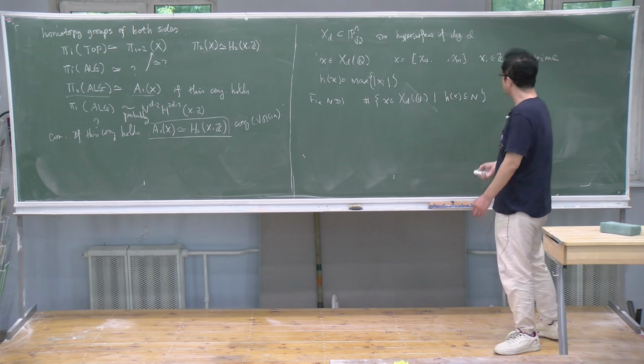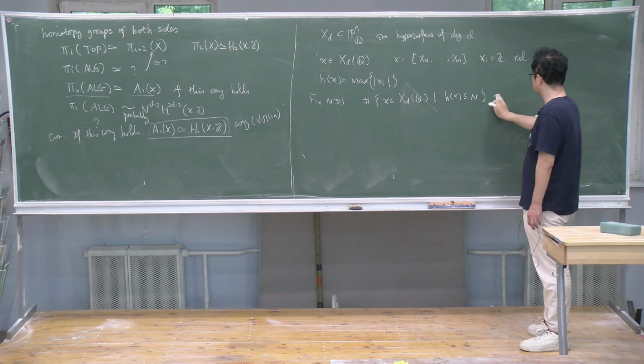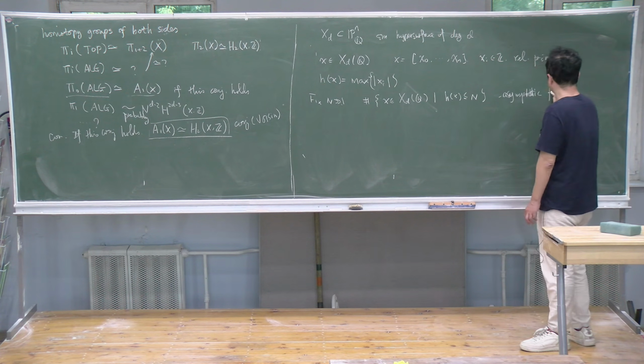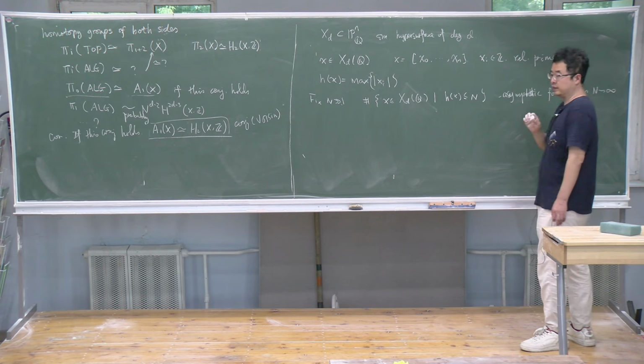And I want to understand this as an asymptotic formula as n goes to infinity.